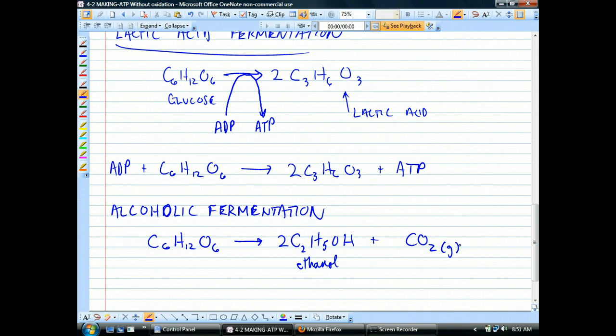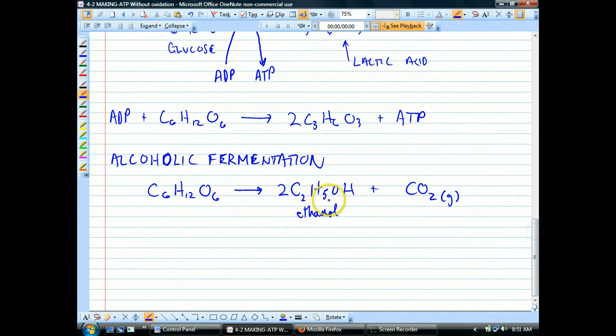Now, you may not have known it at the time, but those were also producing ethanol at the same time. They do when you bake bread too. When you bake bread and the bread rises because the CO2 is being produced, it's also producing ethanol, but you burn it off when you bake the bread. You evaporate it off. So this is ethanol and carbon dioxide.